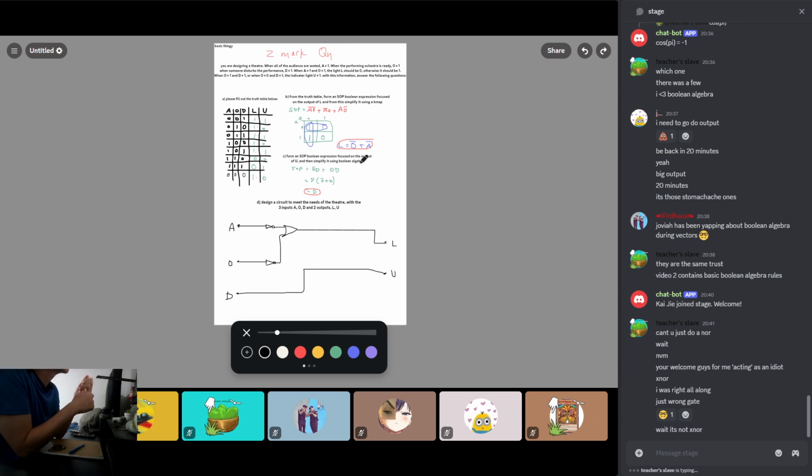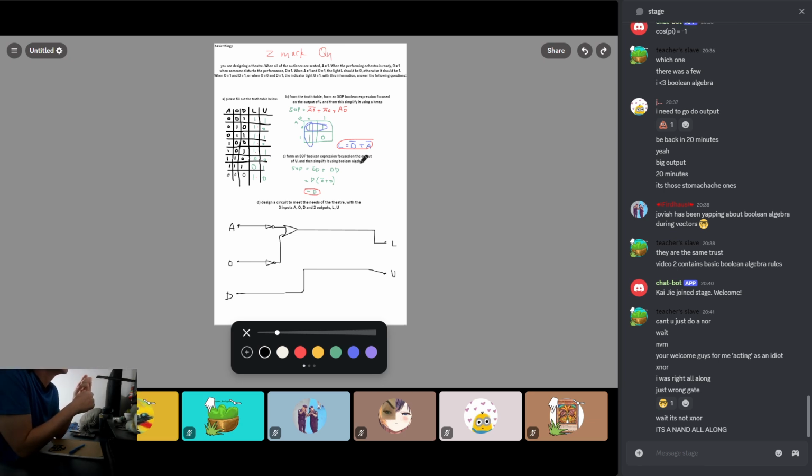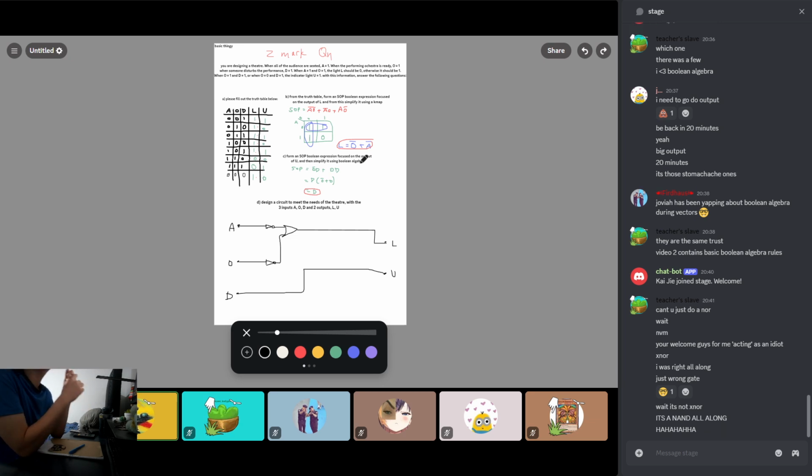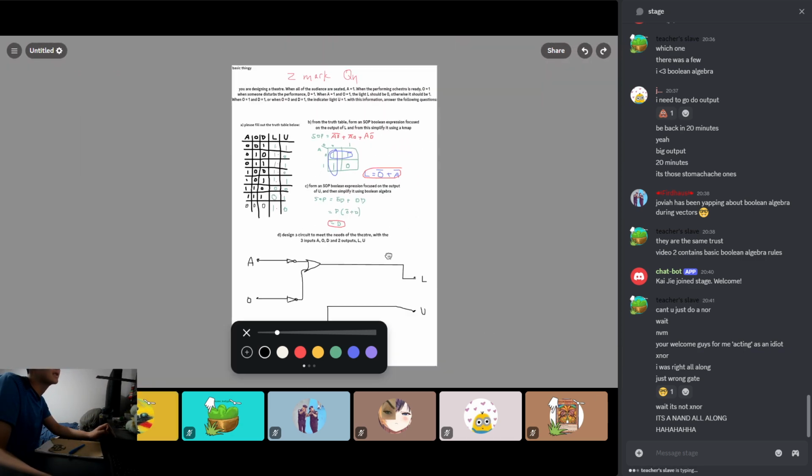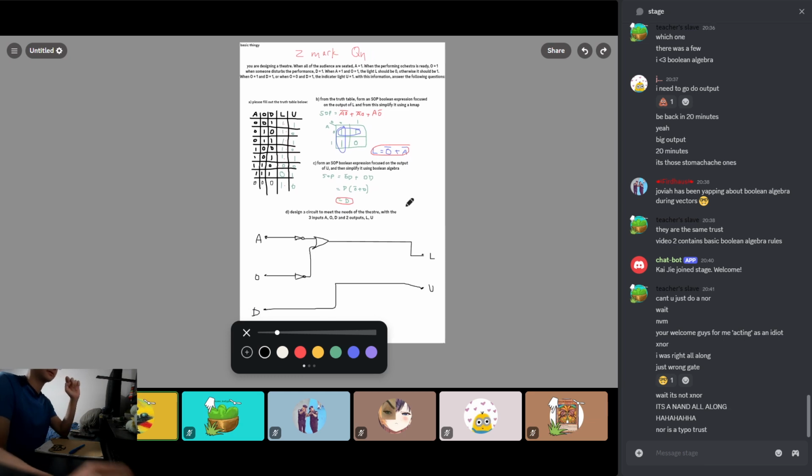So it's NAND all along. Oh, NAND. Oh yeah, this is universal gates, bro. Okay, I'll stop yapping then. Cut to the chase. So that's this entire question done.